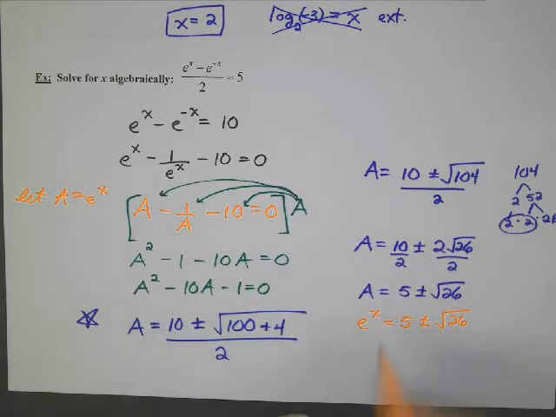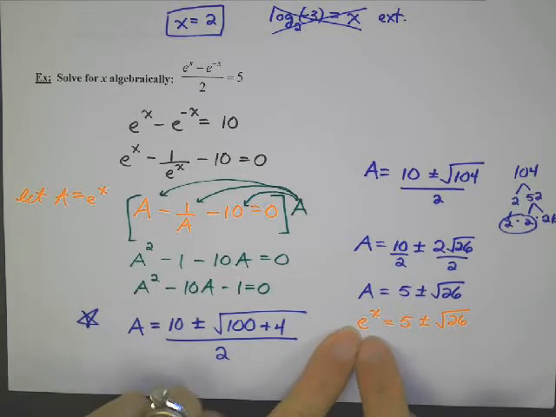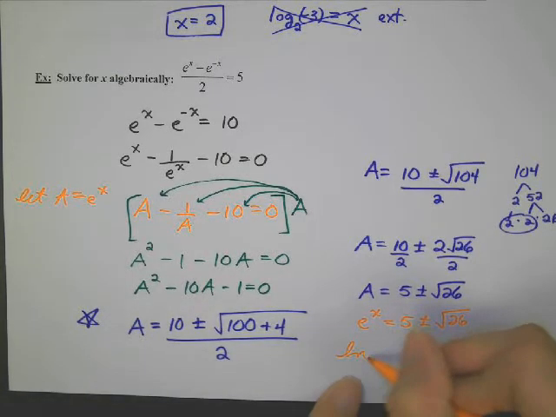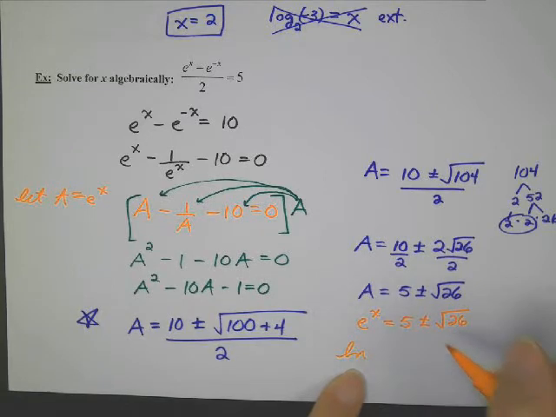Now, how do you get an x out of an exponent? We're going to have to switch to log. What kind of log are we going to use when the base is e? That's right, a natural log. Natural log of all this stuff. We're going to make sure we use parentheses here. Natural log of 5 plus or minus radical 26 equals x.